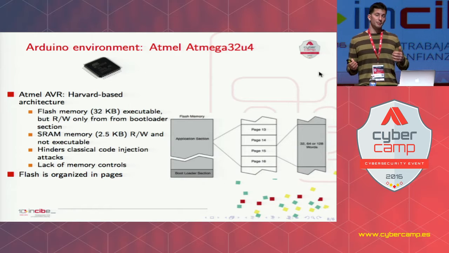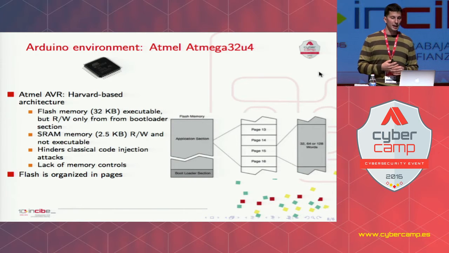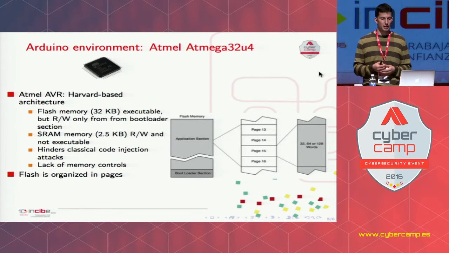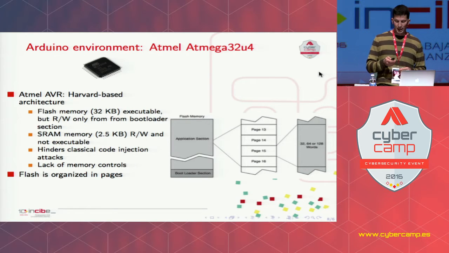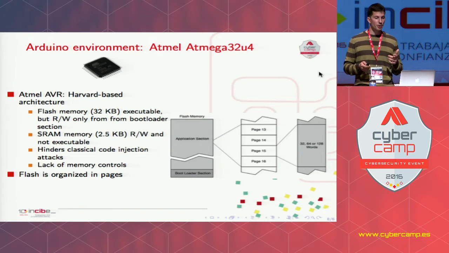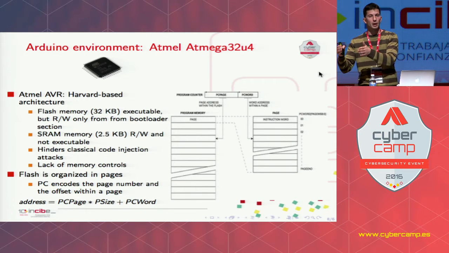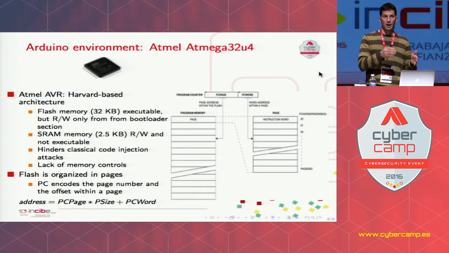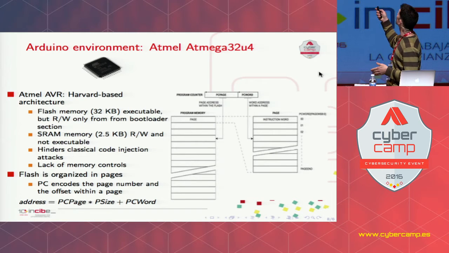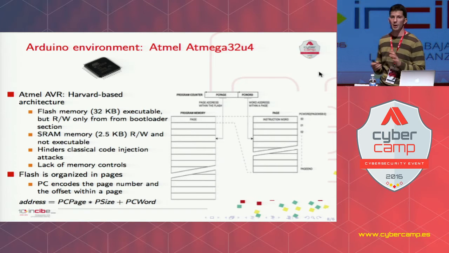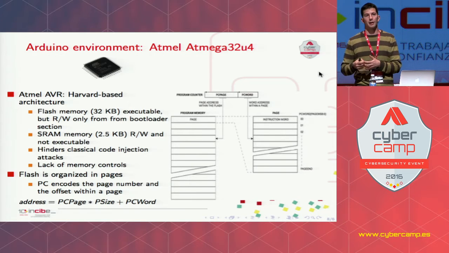And then also important, well, this is important for you to understand what I will tell you about defense. Well, the memory is organized in pages, same as in other memories, and then the program counter does not point right away to the instruction that you want to run, but the page that you want to run, and then within the page there is a part that points at the page, and then there are some small elements that point to the offset on the page.